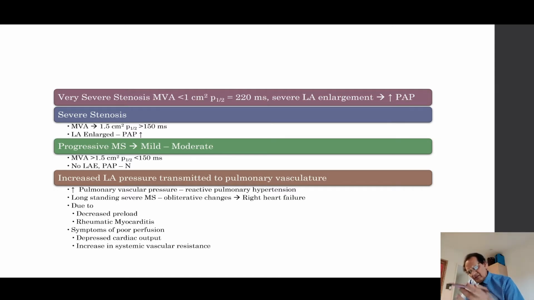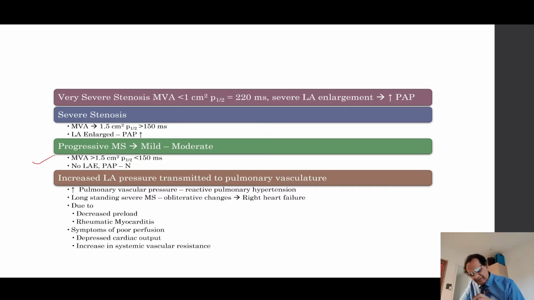Severe mitral stenosis is 1.5, pressure half time 150, LA enlargement and raised pulmonary artery pressure. Progressive, by the recent ACC-AHA definition, is mild to moderate, less than 2 but more than 1.5, with a pressure half time of 150 milliseconds, no left atrial enlargement, and no elevation of the pulmonary artery pressure.